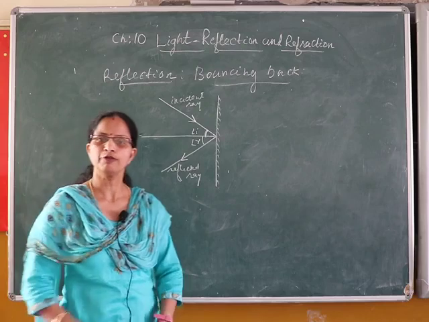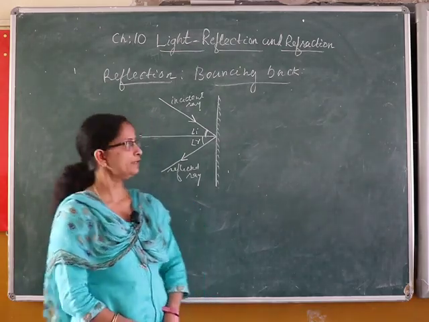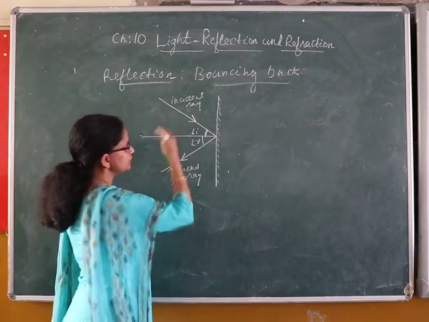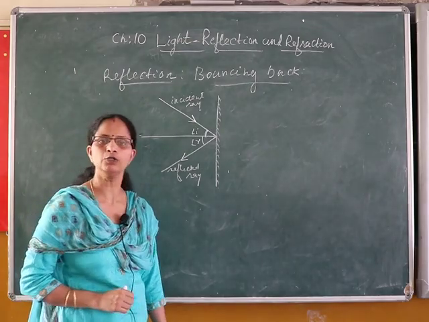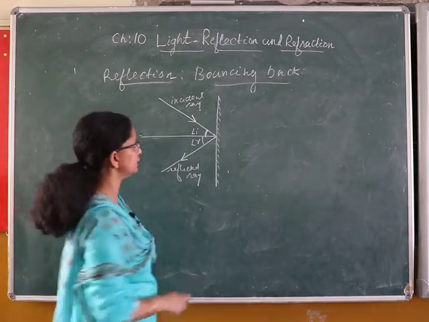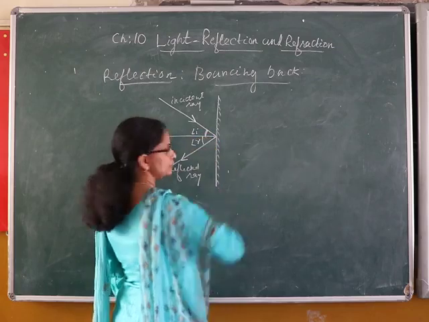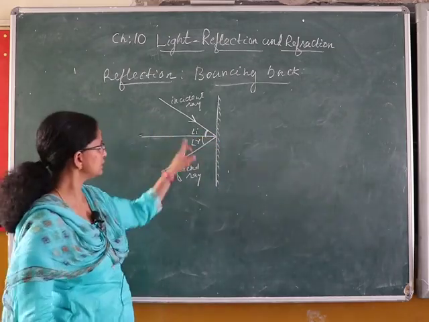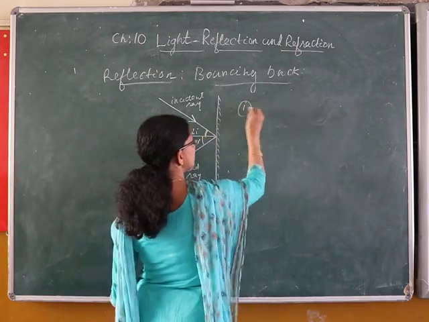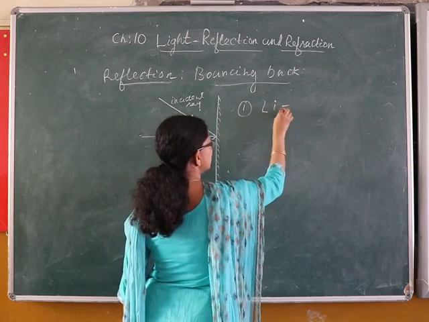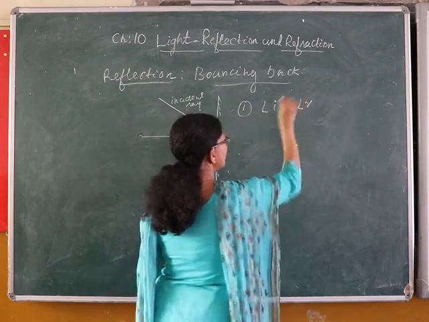Now the laws of reflection say that always the angle of incidence will be equal to the angle of reflection. That is the first law. The first law states that the angle of incidence is always equal to the angle of reflection.